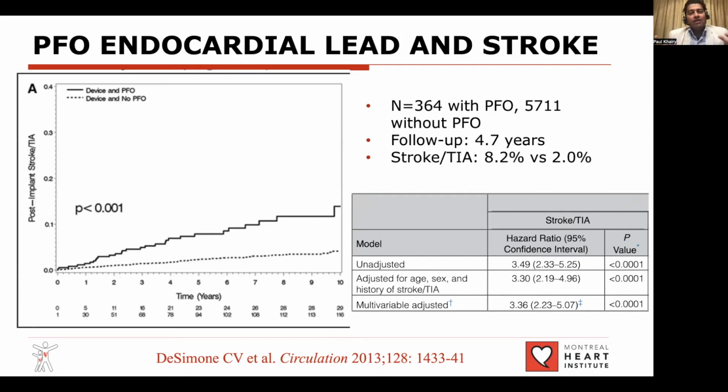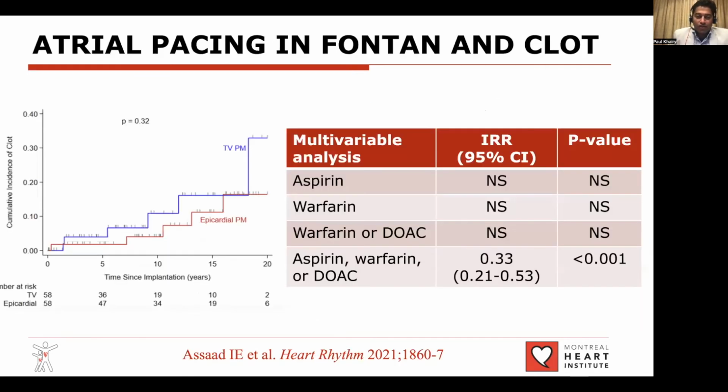And although I think we're still coming to grips with what to do with the issue of PFOs, I think the literature is really quite consistent and clear that if you place an endocardial lead in the systemic circulation or in the non-systemic circulation, but in the presence of an intracardiac shunt, there is a substantial increase in risk of systemic thromboembolic complications. And I think the data that I've shown you also suggests that anticoagulation somewhat mitigates this risk.